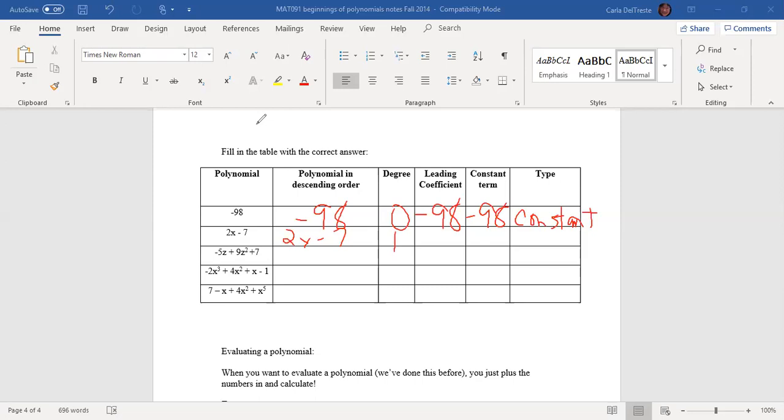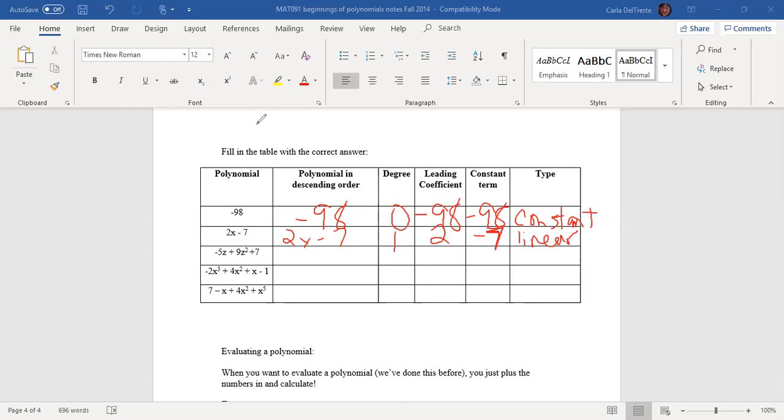The leading coefficient, the number in front of the highest exponent term, is a 2. The constant term here, the term that is not changing, that does not have a variable on it, is -7. And the classification, the type, is a linear because it has a degree 1.